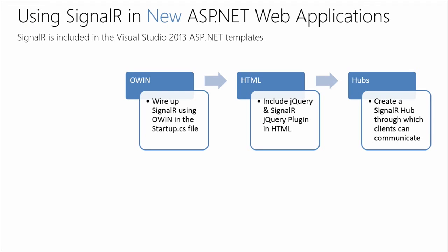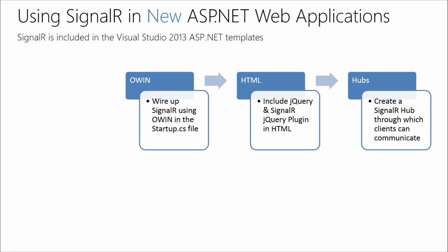So let's say you have VS 2013, the greatest IDE ever unleashed on the world, and you want to get started with a brand new web application and do some SignalR. The nice thing is, with all the new ASP.NET templates in Visual Studio 2013, you get the SignalR template out of the gate.